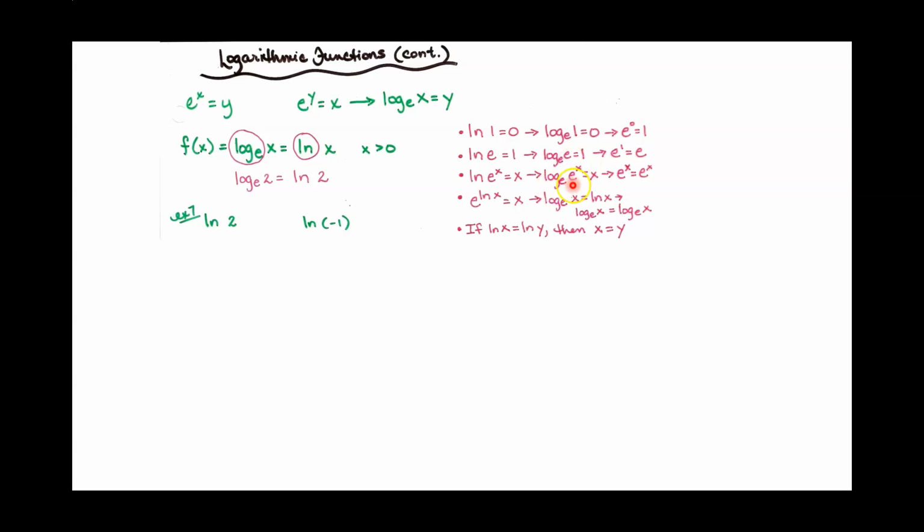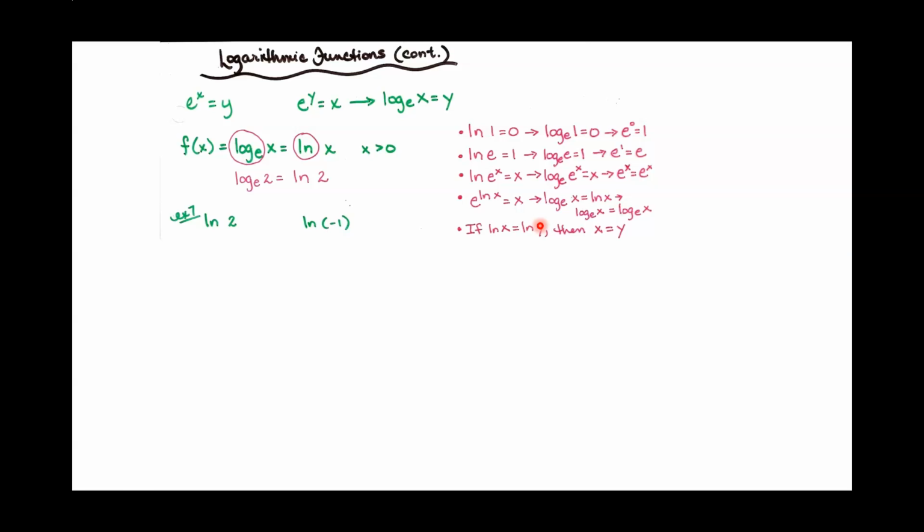If you're taking the log of an exponential and your bases are the same, they'll drop each other out and just leave you with x. If you're taking an exponential and raising it to the logarithmic, then they will undo each other since the bases are the same and just give you x as well. And then, as we said, if the log and the base are the same, then what we're taking the log of would have to be the same as well.